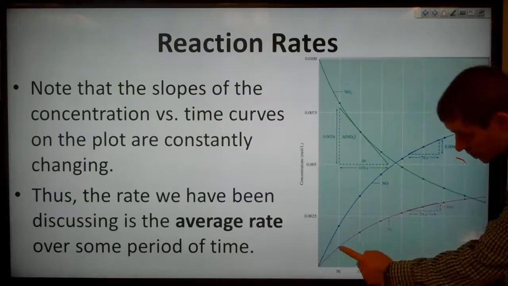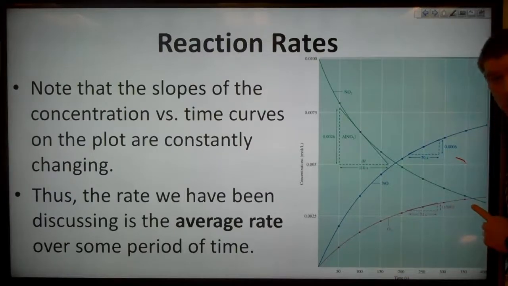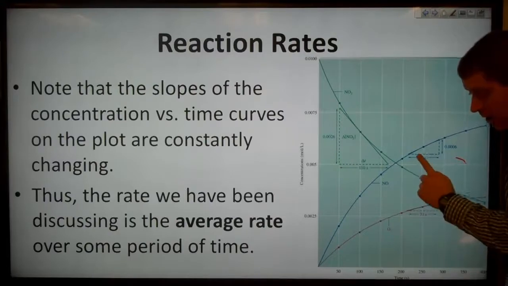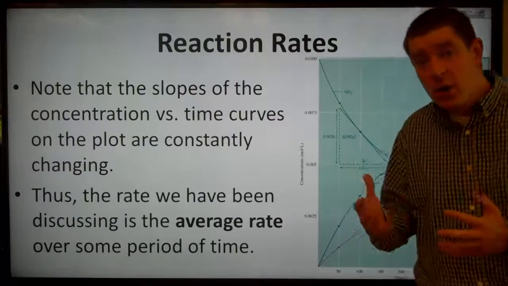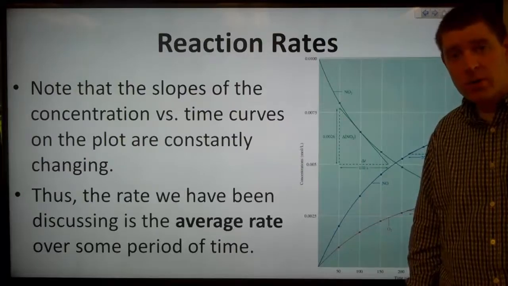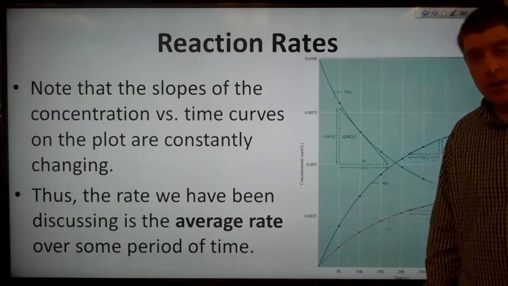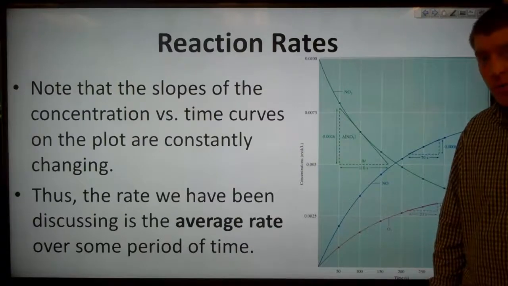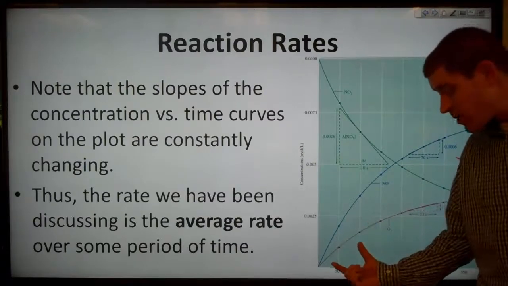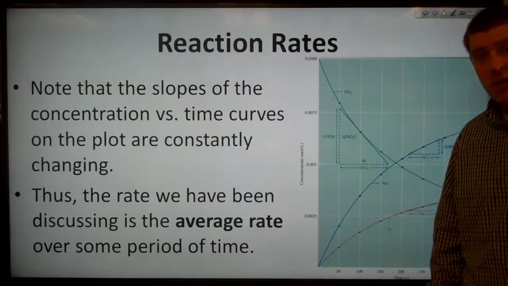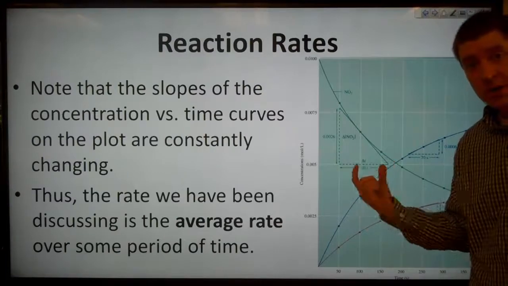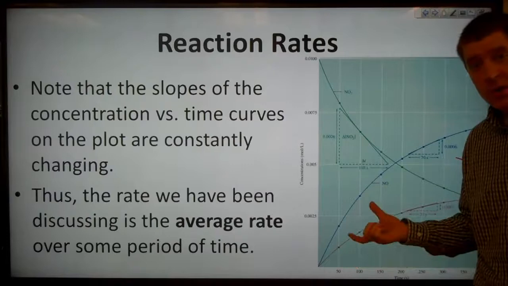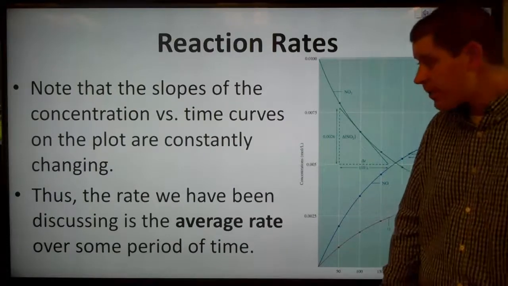The O2 concentration is increasing at only half the rate of the NO, and again we expect that because we need 2 NO2 molecules to decompose for every 1 O2 molecule that's formed. So the rate of formation of oxygen is half the rate of decomposition of the nitrogen dioxide, or half the rate of formation of the NO.